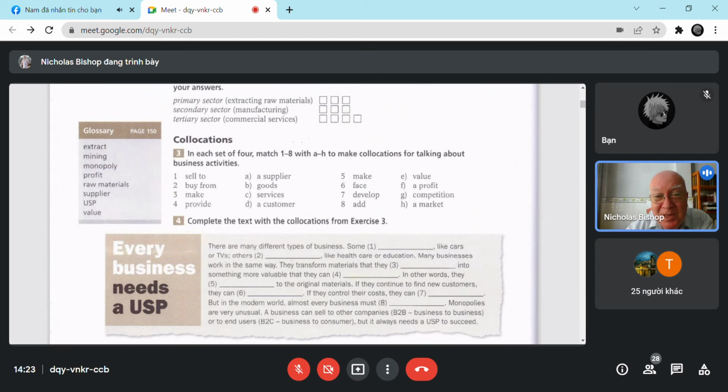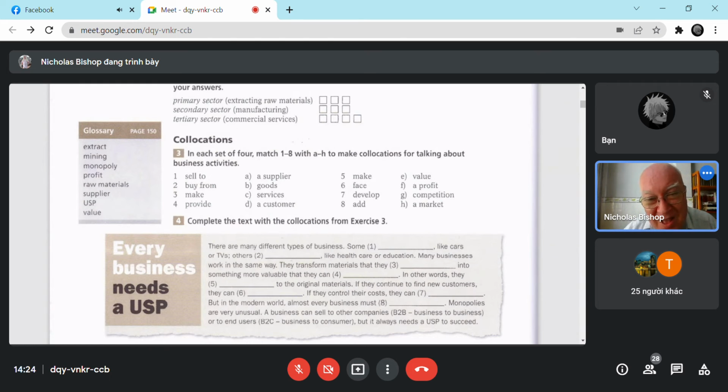Okay, we got to number 3 then, the collocations. Can you match? It says in each set of 4, match 1 to 8 with A to H. Notice it says a set of 4.